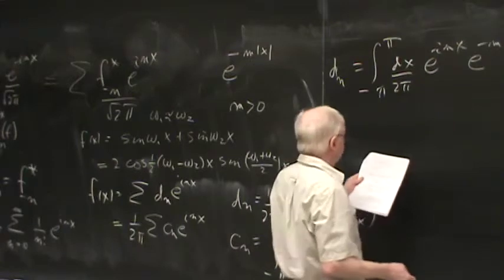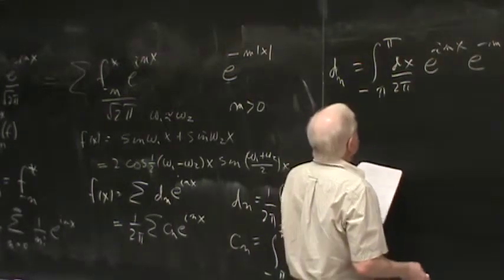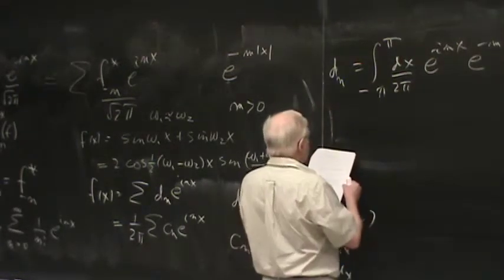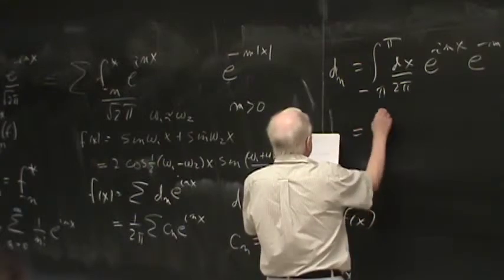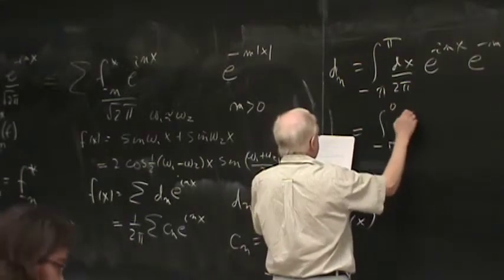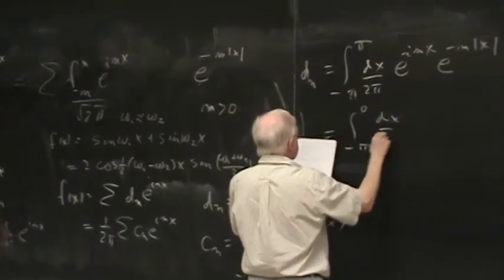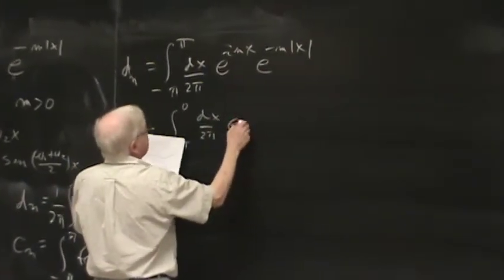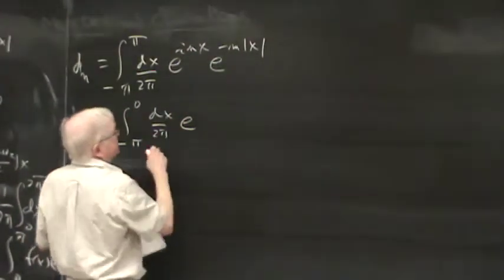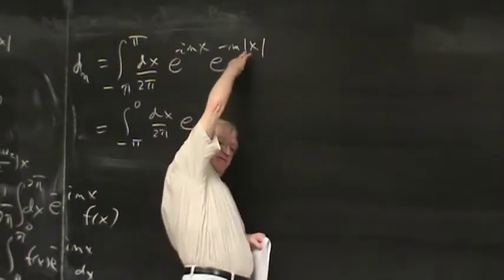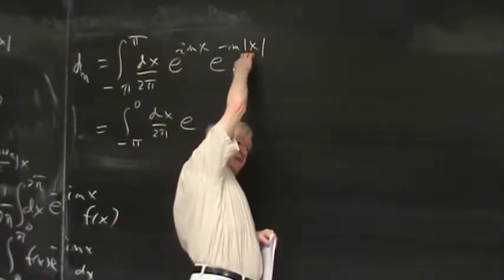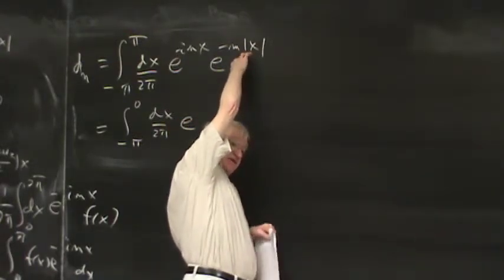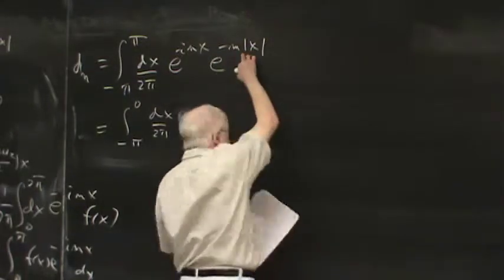And we can split this integral into 2 pieces. There's integral minus pi to 0, dx over 2 pi, e, and the reason why I'm doing that is that the absolute value of x, of course, we can write it simply if we distinguish between x negative and x positive.